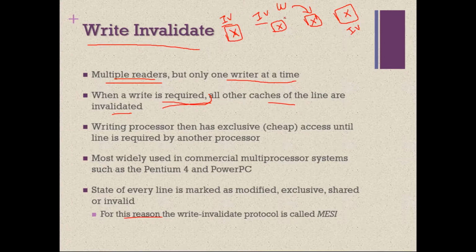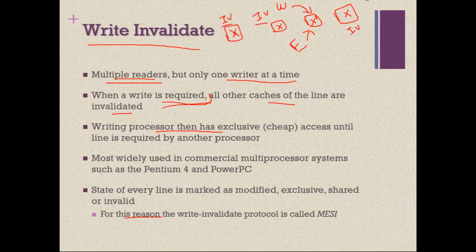Now whichever processor wants to perform the write operation gets exclusive control over X, exclusive control over that particular line. The writing processor then has exclusive access until the line is required by another processor. So now it has exclusive access and it can modify the line. How long will it have exclusive access?